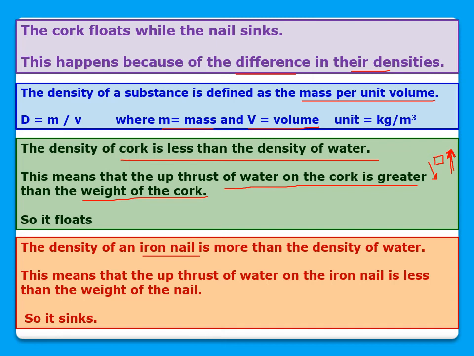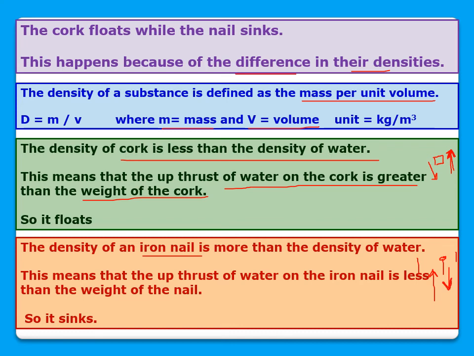On the other hand, the density of an iron nail is more than the density of water. It means the upward thrust of water on the iron nail is less than the weight of the nail, and that is why iron nail sinks. See, this is iron nail, and here in upward direction, buoyant force is there, and weight of this nail will be in downward direction.